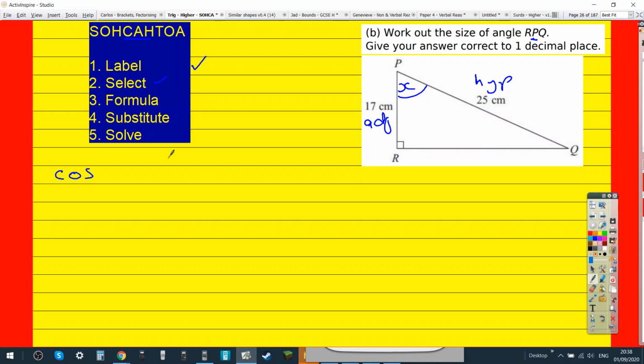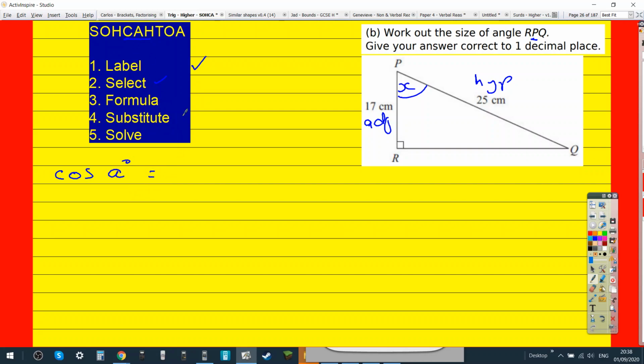And the formula would be cosine of the angle equals, adjacent over hypotenuse.